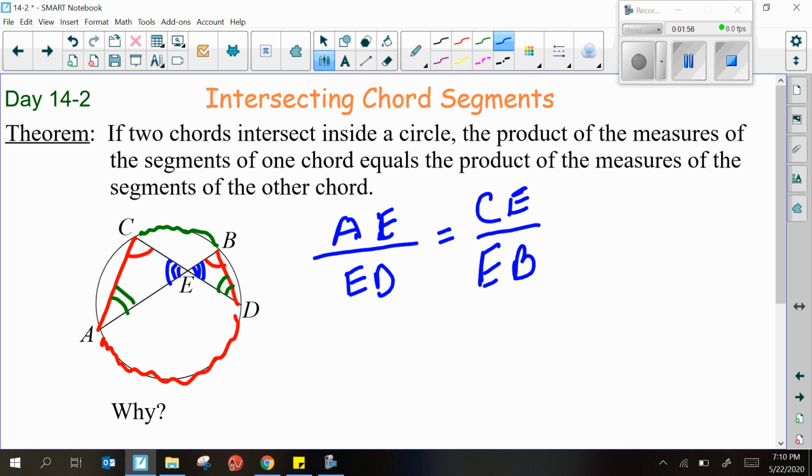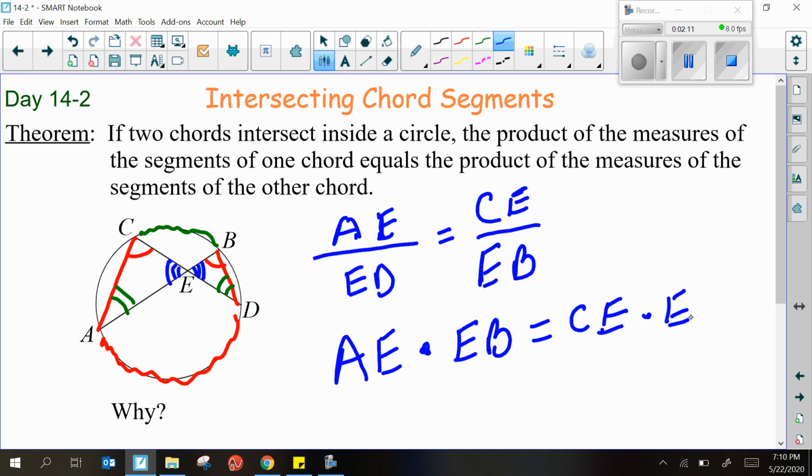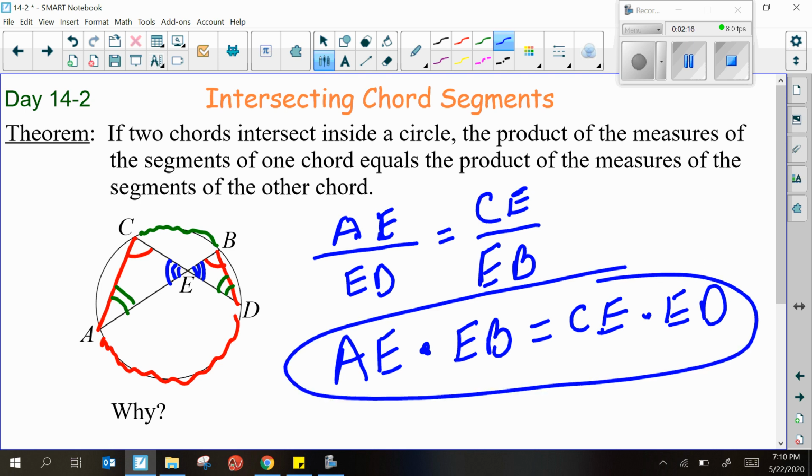So when I take the cross product, or the product of the means equals the product of the extremes, I get AE times EB equals CE times ED. And this is what we're going to be using in our problems. So what you're going to do is say, this segment I'm coloring in green, AE, times EB, the other segment in green, is going to equal CE, purple, times ED, the other purple.